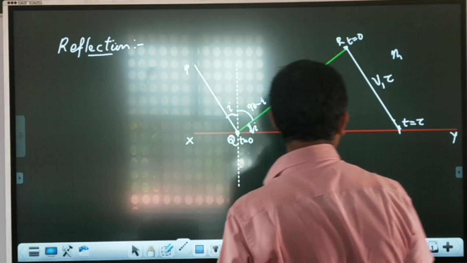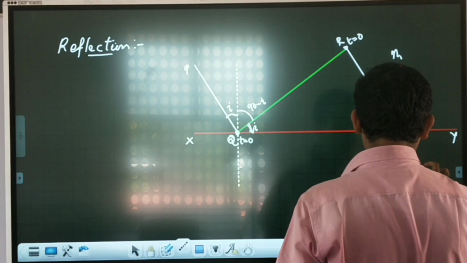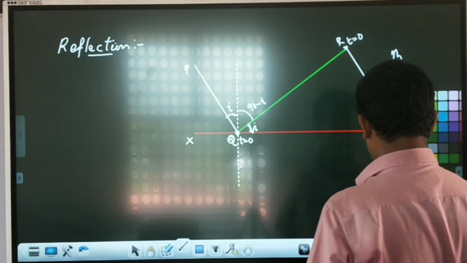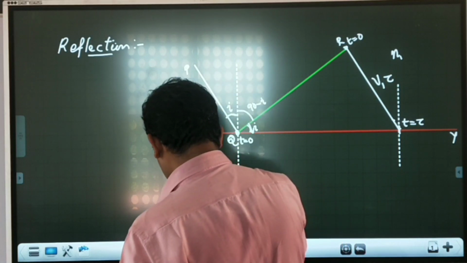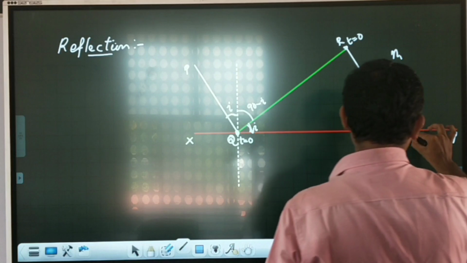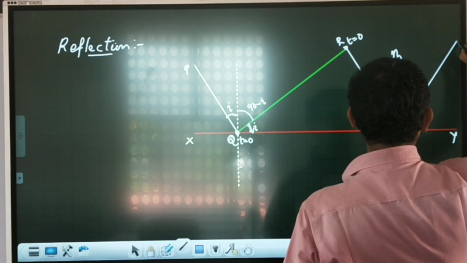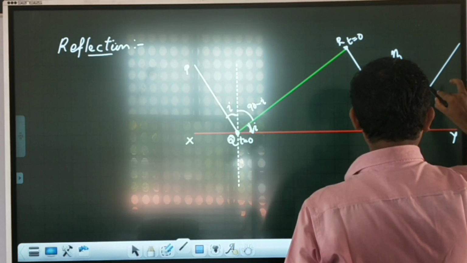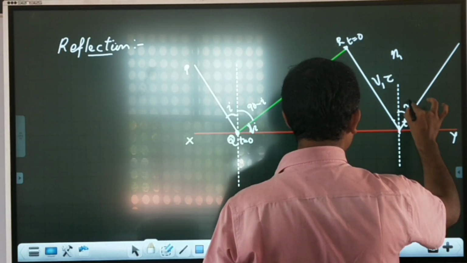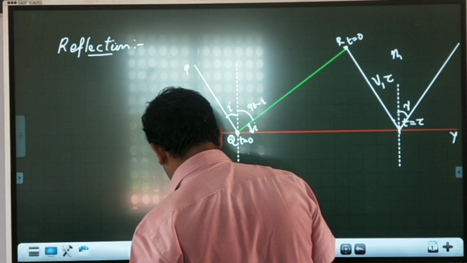I'm going to consider rays. Now the reflected ray, so I will say the angle of reflection is equal to r, and the angle of incidence is i.